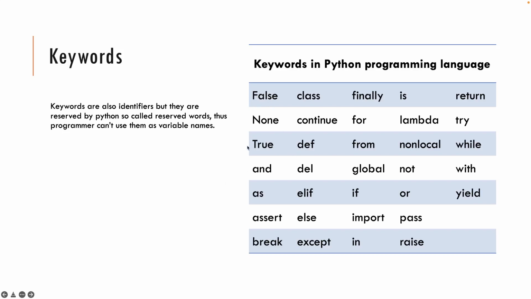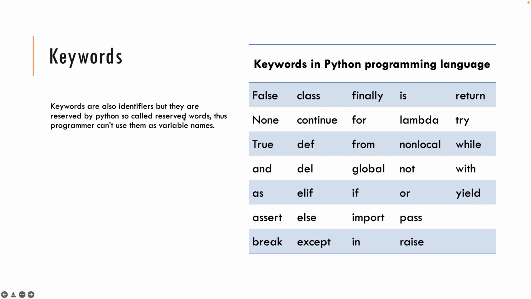By tomorrow, when we meet, make sure you learn all of these keywords. Of course we will go through each keyword and explore, and eventually you will get to know all of them, and you will use all of them.